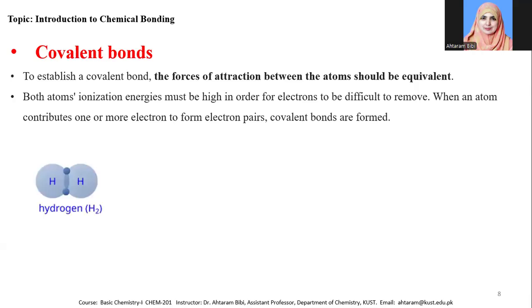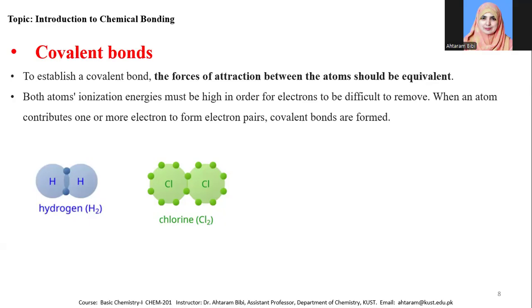Therefore, they share the electron to form the covalent bond. For example, we can see over here that both hydrogen atoms have a single electron, so they want to stabilize. So they share both of the electrons and form a covalent bond, the hydrogen covalent bond. Similarly, we can see over here the chlorine-chlorine bond, and in the chlorine-chlorine bond, both atoms have high ionization energy, so it cannot be transferred, with one chlorine atom taking the electron.